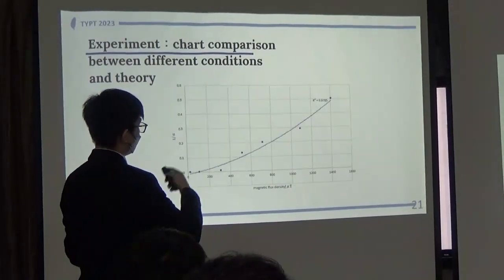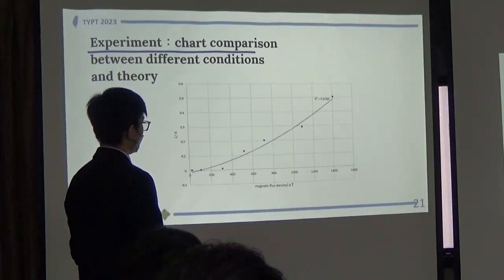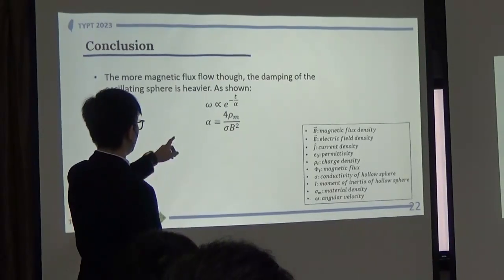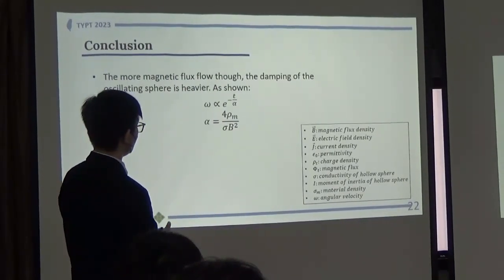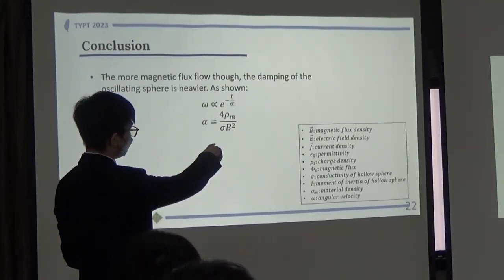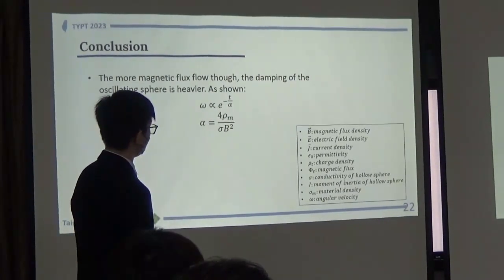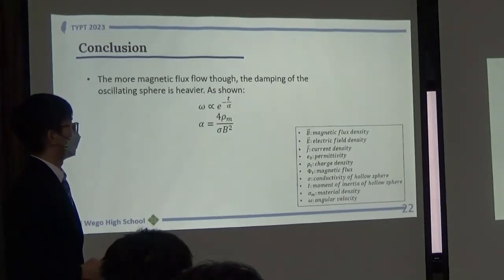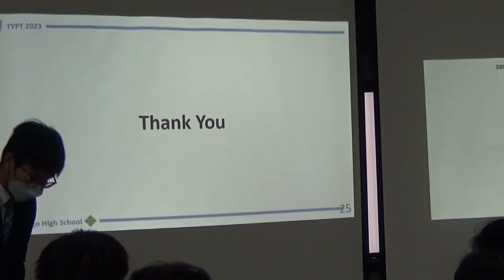And what I was trying to prove is the theory here, which is the square root with respect to the magnetic flux density. So that will be the end of my concluding remarks. Thank you.